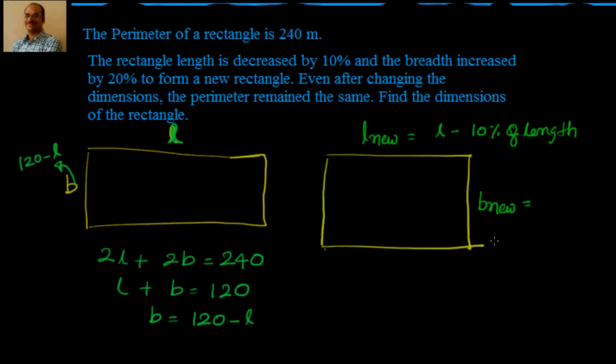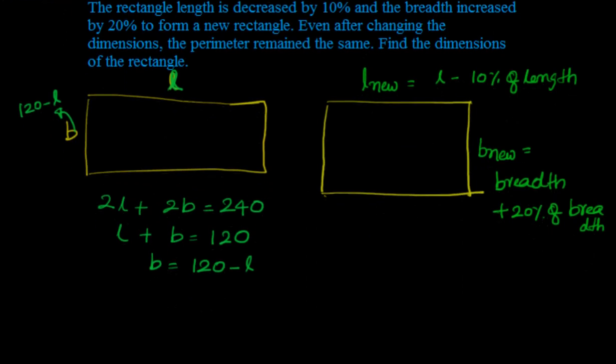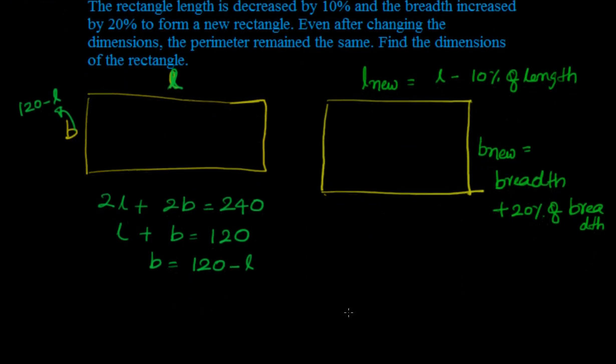Similarly, breadth is increased by 20%. That is breadth plus 20% of breadth. We have to increase it because we increased the breadth by 20%, and we subtract for the length because we reduced it by 10%.